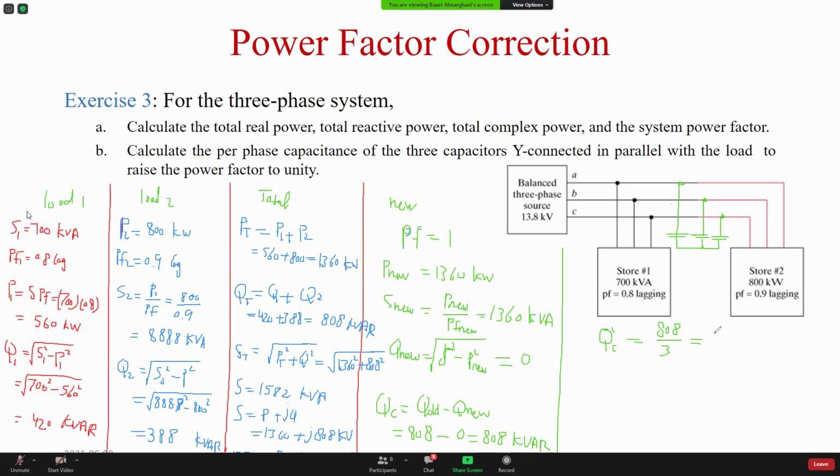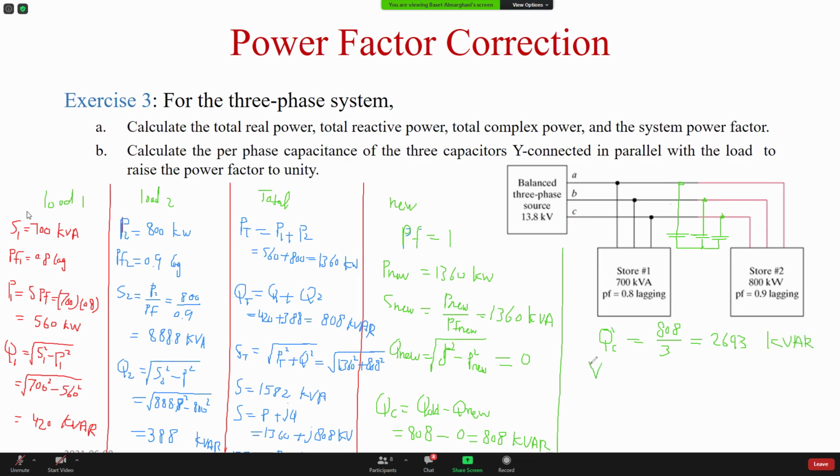So it is 269.3, I think, kilovolt ampere reactive.